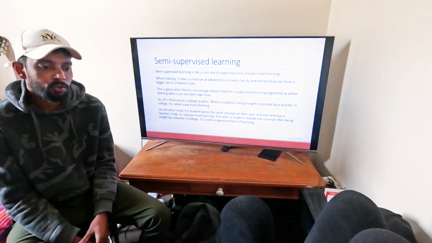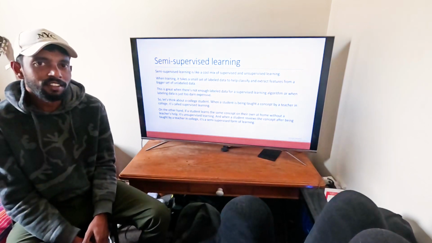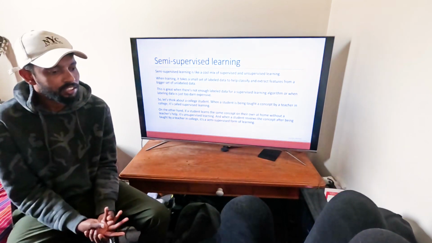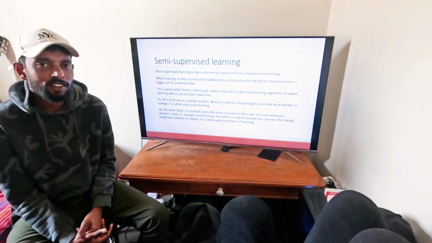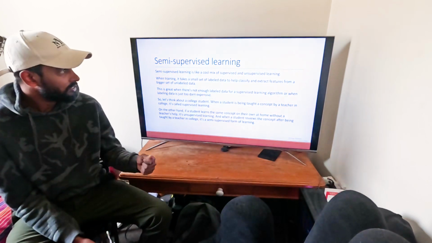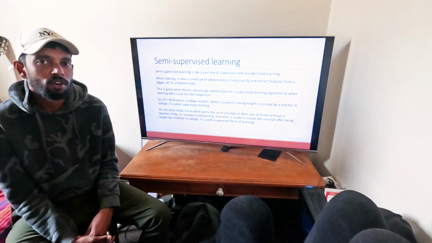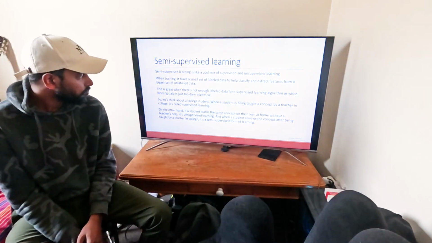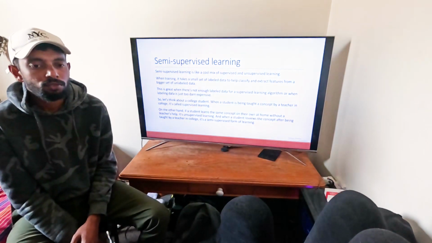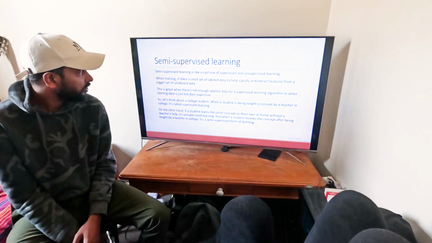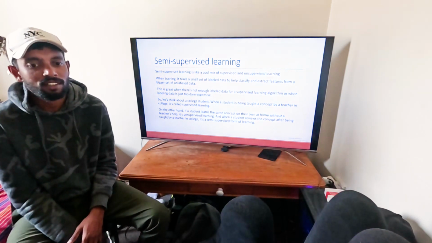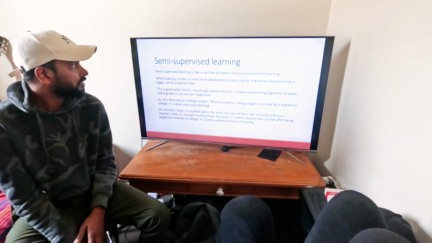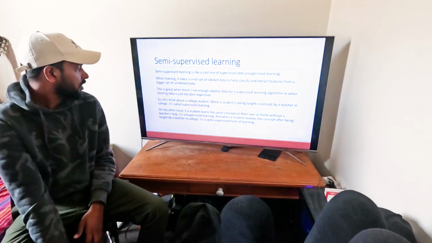So if you don't have enough data to input for the algorithm, or labeling is going to be expensive, this is the best method to use. In that way you can use the semi-supervised machine learning method.